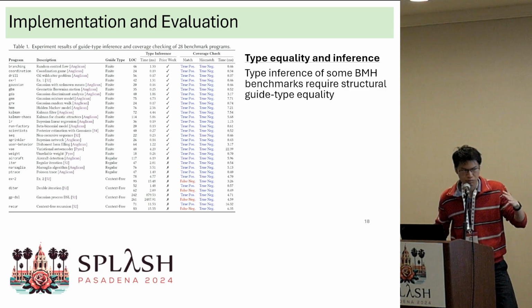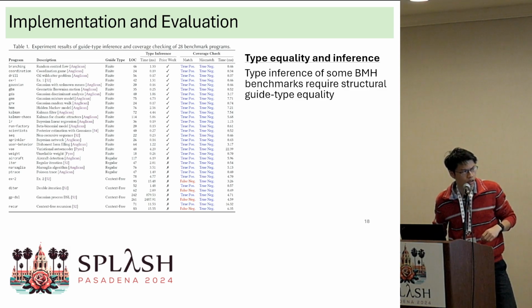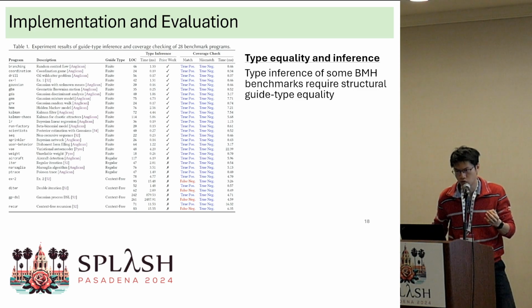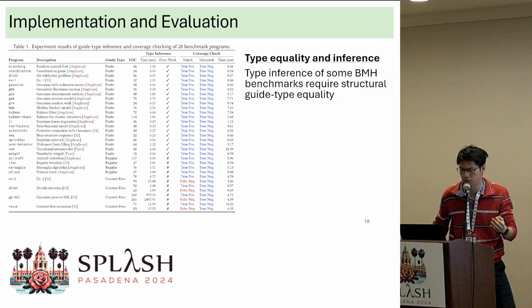And we split each benchmark into multiple blocks. So we basically use BMH for each benchmark. And then our evaluation shows that some BMH benchmarks require structural guide type equality instead of simple, naive, syntactic type equality to be able to infer types.